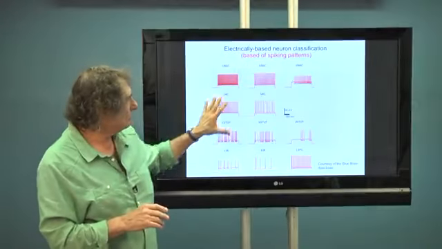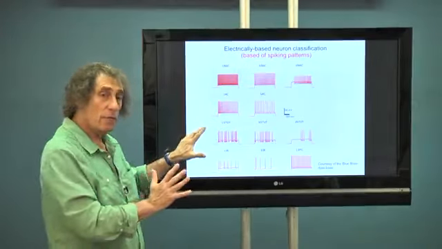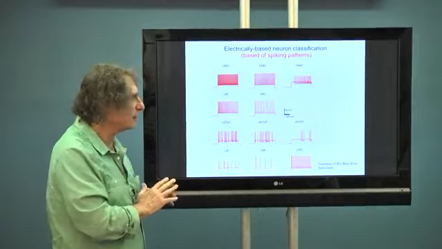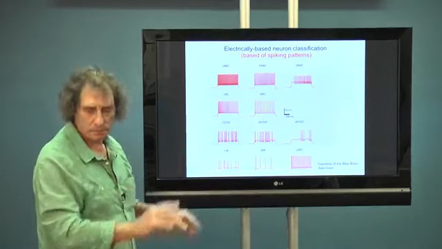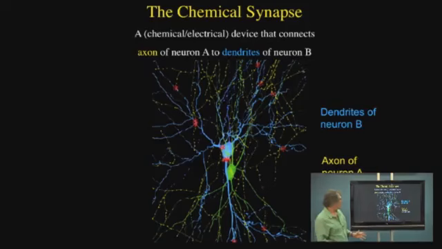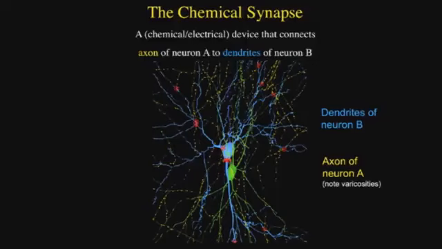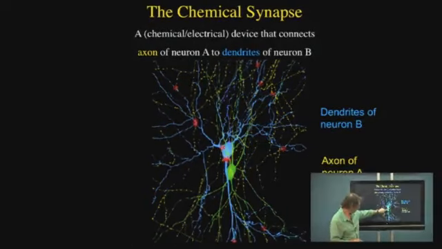Okay, so let's go now from the axon and dendrites and the different types to the synapse. So again, let's look at these two reconstructed neurons. Let's call the blue neuron the one with blue dendrites, and the green neuron the one with green dendrites and yellow axon.